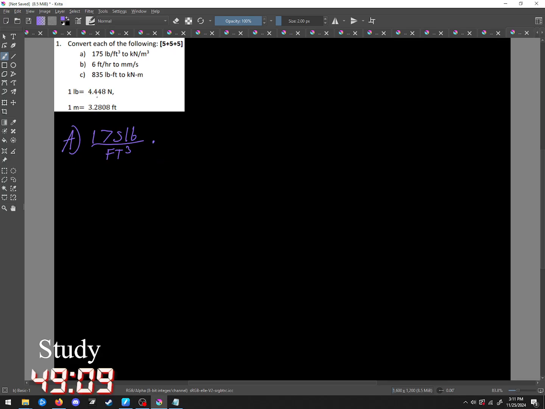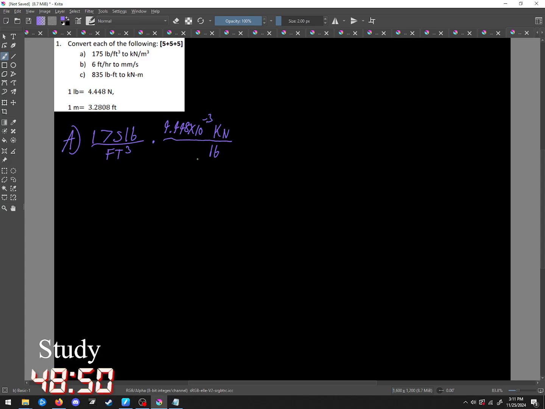Okay, so how do we get right here? Pound is that many newtons, so we just have to know that. We're going to put pound on the bottom and kilonewton on the top. This is going to be 4.448 times 10 to the negative third.